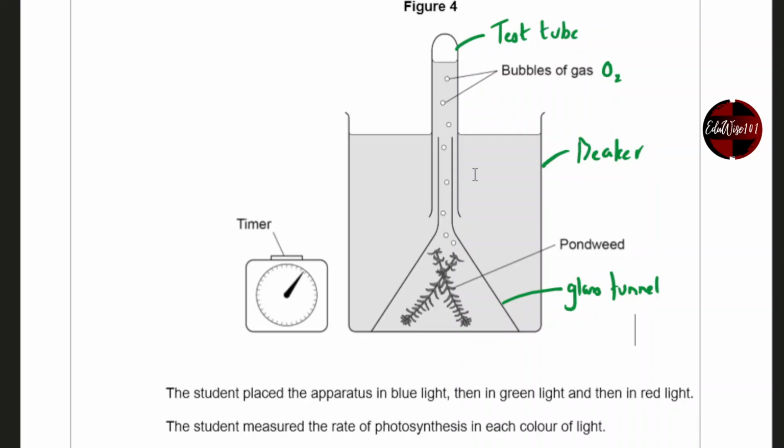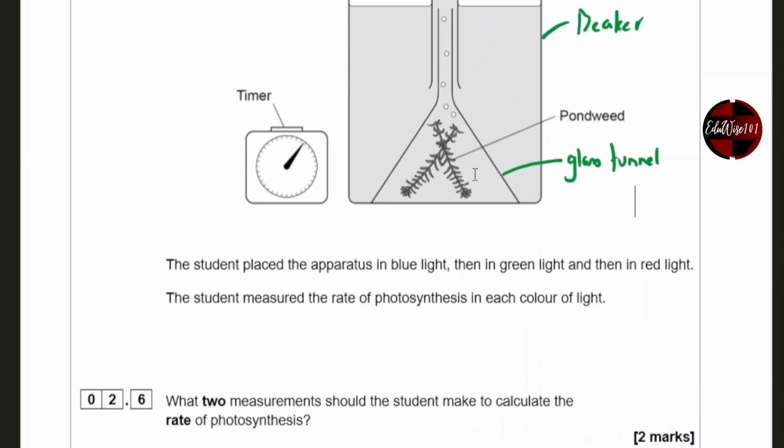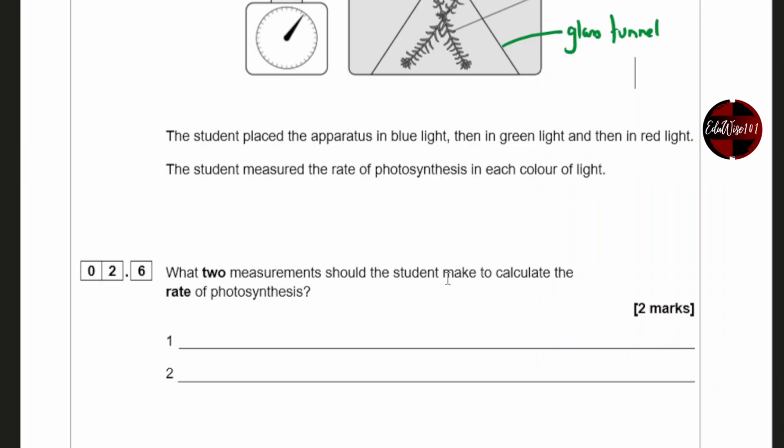And then you can divide it by the total time to get it per minute. So what two measurements should the student make to calculate the rate of photosynthesis? For the rate of photosynthesis, you need to know the volume of the oxygen collected, or the number of bubbles, and you need to also measure the time taken as well.